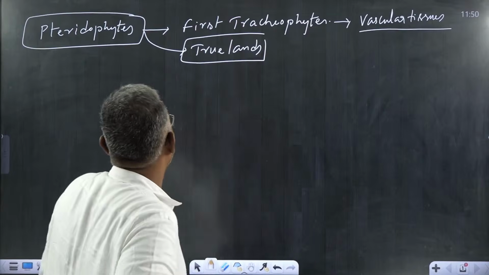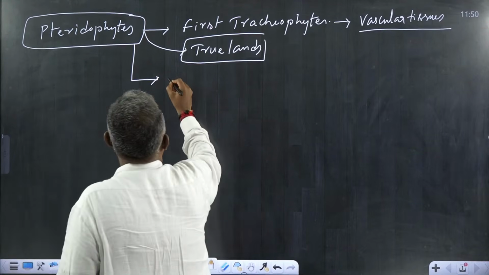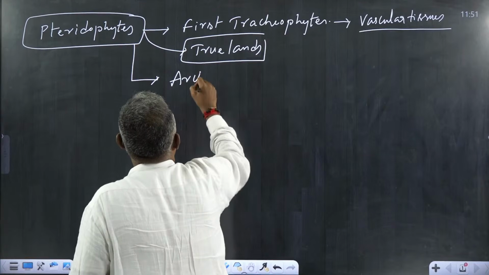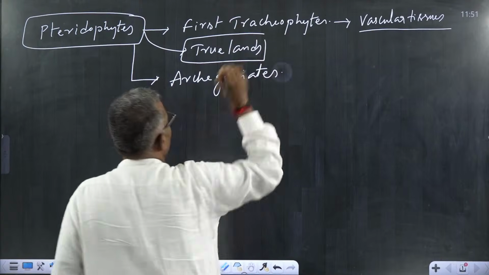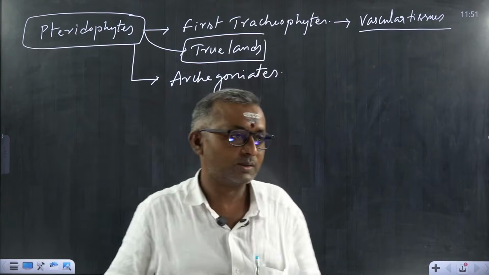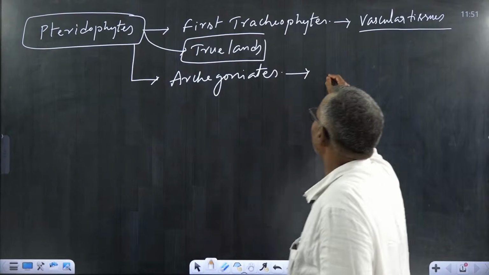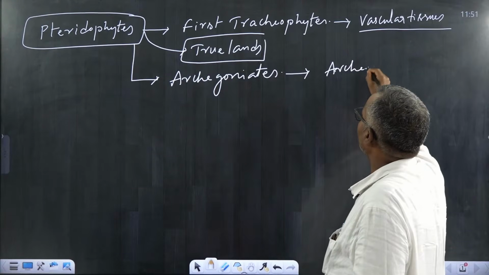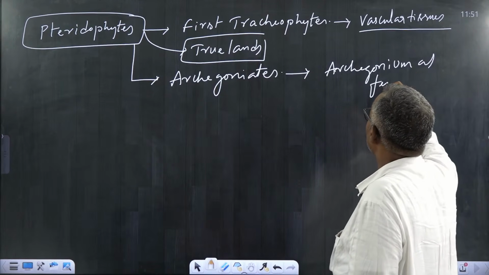Apart from this, pteridophytes are also archegoniates. That means they have archegonium as the female sex organ.